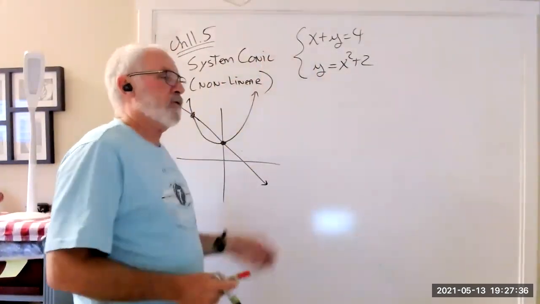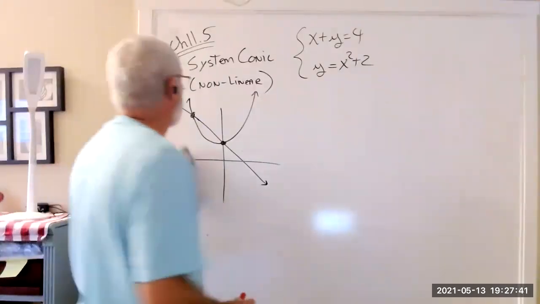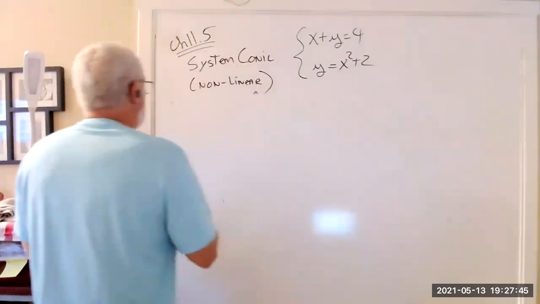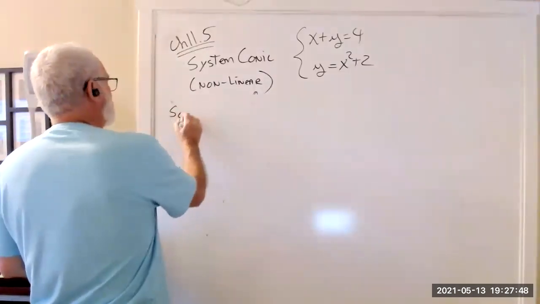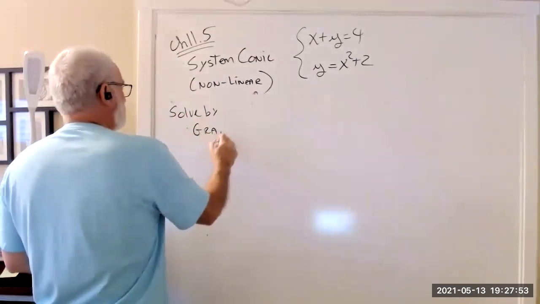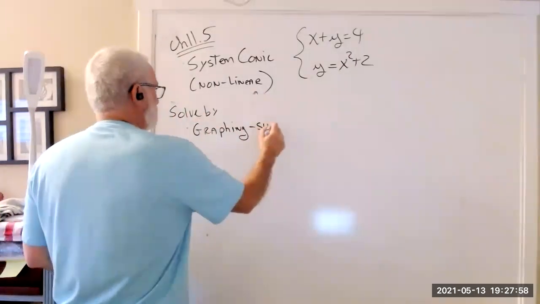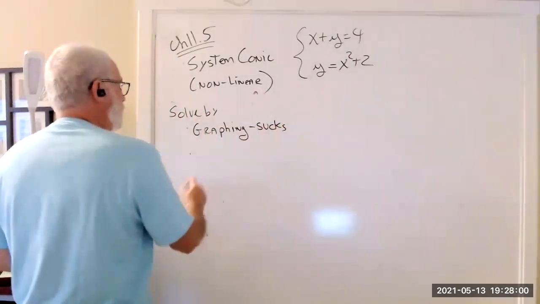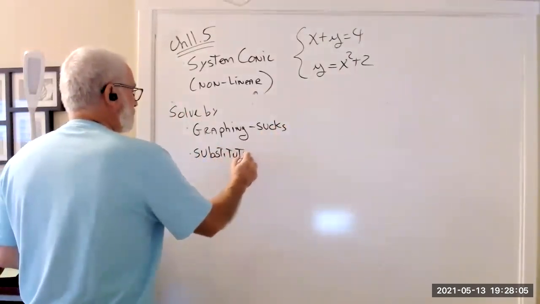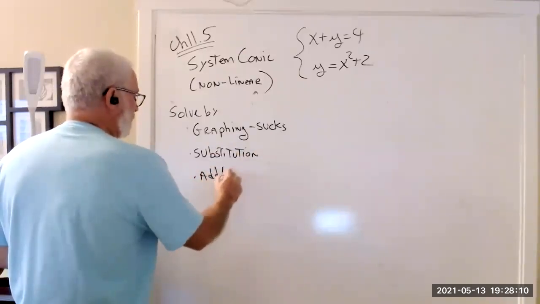Well, if you think back, one of the things we learned in chapter, I believe it was 4, in solving systems, we could either solve by graphing, which sucks, or we could use substitution, or we could use something called addition, elimination.